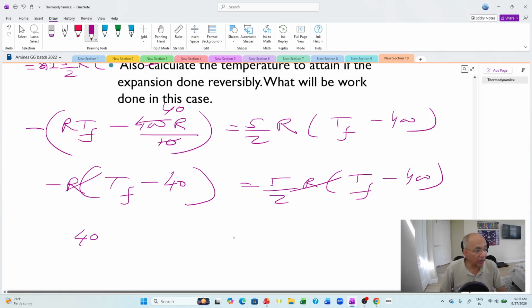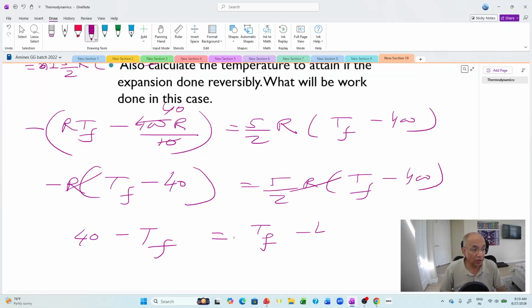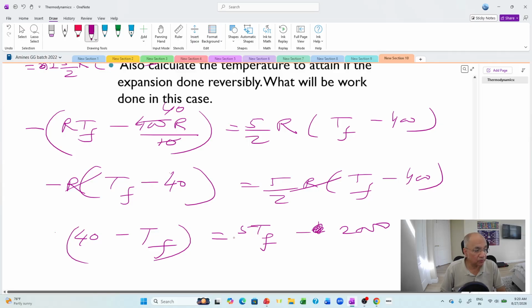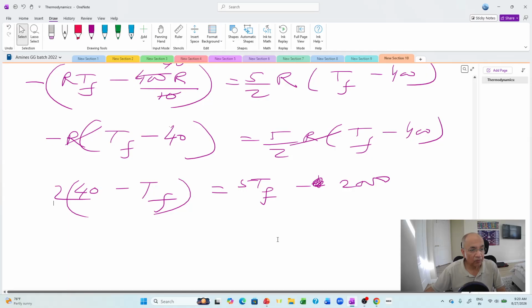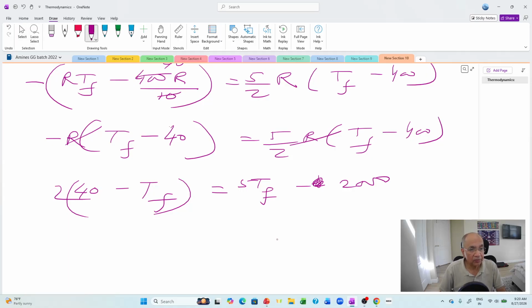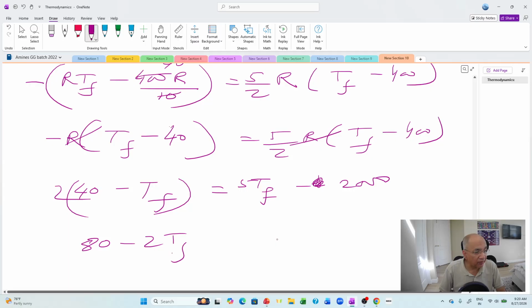So it is 40 minus TF is equal to TF minus, oh sorry, 5 TF minus 2000 by 2. 2 will go here into 2. So it becomes 80 minus 2 TF is equal to 5 TF minus 2000.